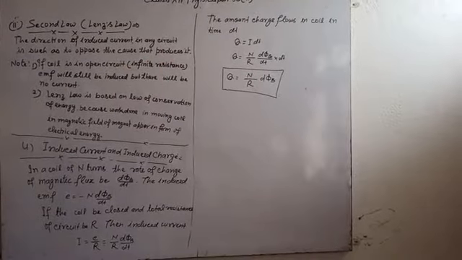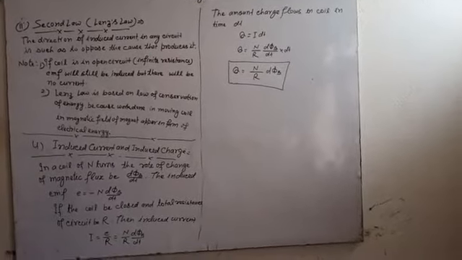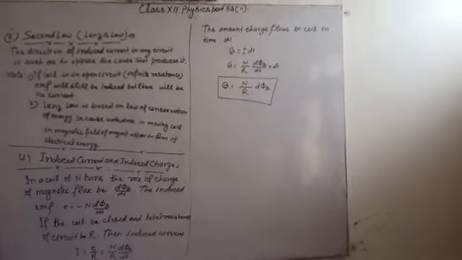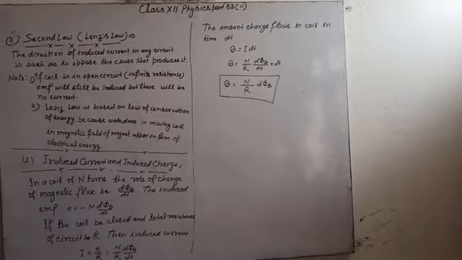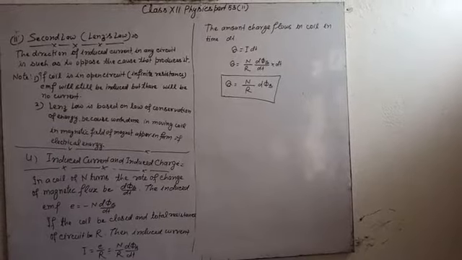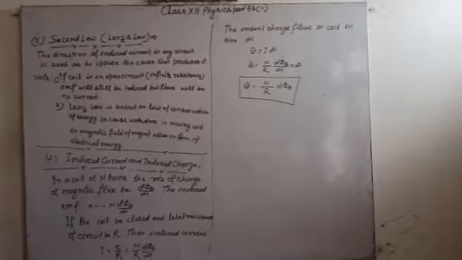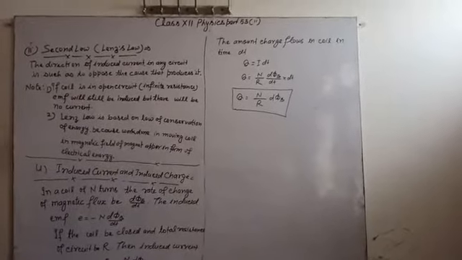If the change in magnetic flux takes place due to the relative motion of magnet and coil, then it opposes the relative motion of magnet and coil.